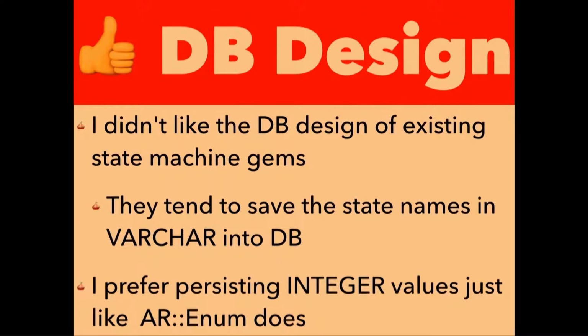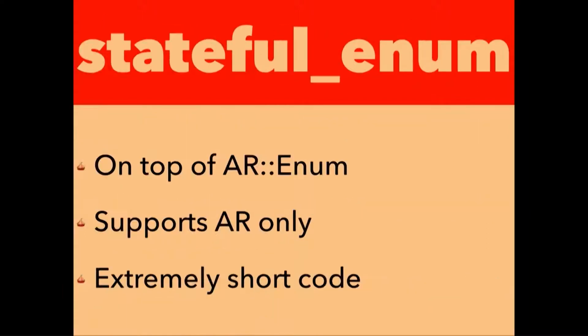What I liked about Active Record enum was its DB design. I like persisting values into the DB as integers. So I made it on top of Active Record enum. And the code was actually incredibly short.